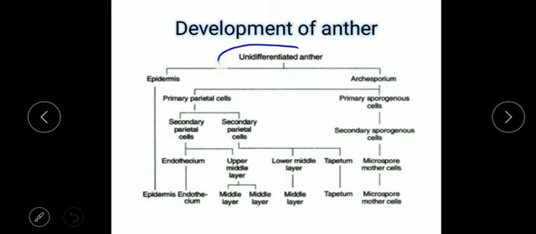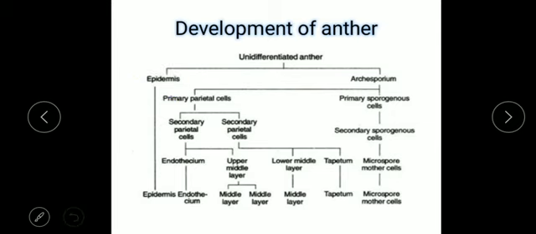The first thing is an undifferentiated anther, which means there is no differentiation as to which part will become which kind of cell. It is just an undifferentiated cluster of cells, called the archesporium, and that archesporium is surrounded by epidermis. Epidermis means epi is above and derma is skin or layer.